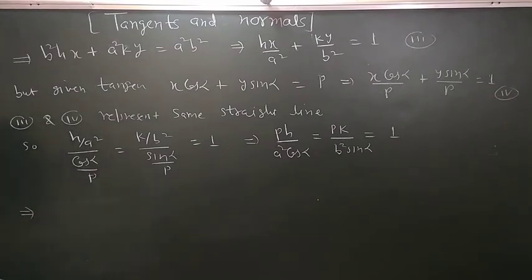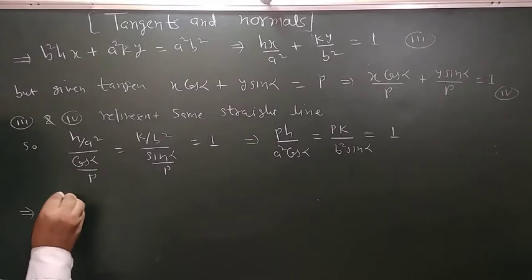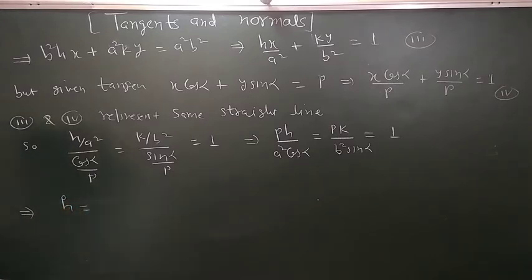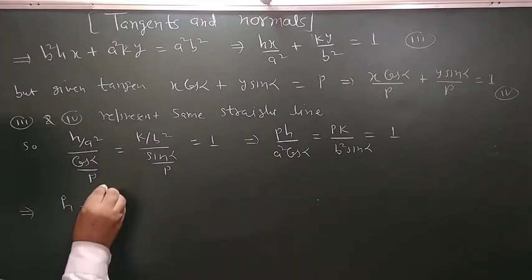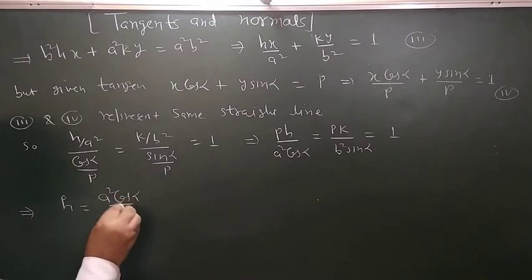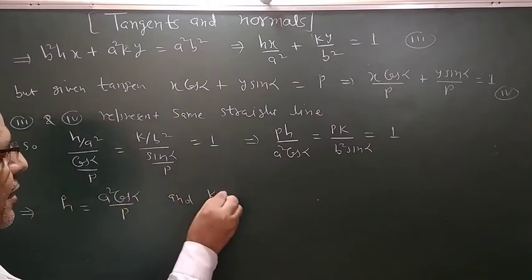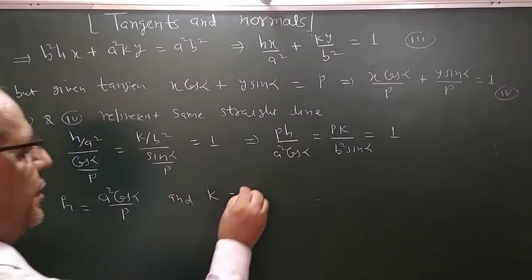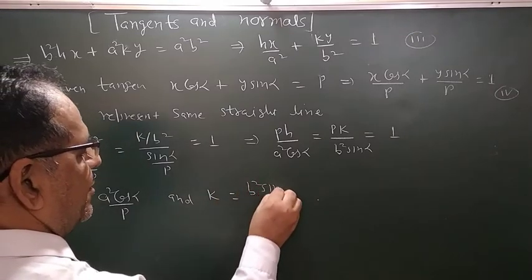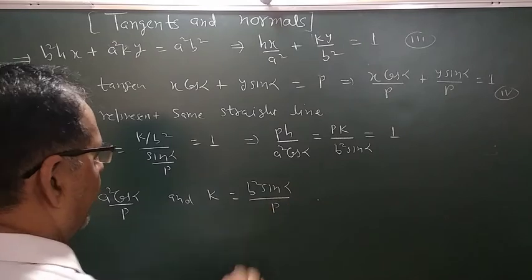That means h equal to a square cos alpha upon p and k equal to b square sin alpha upon p.